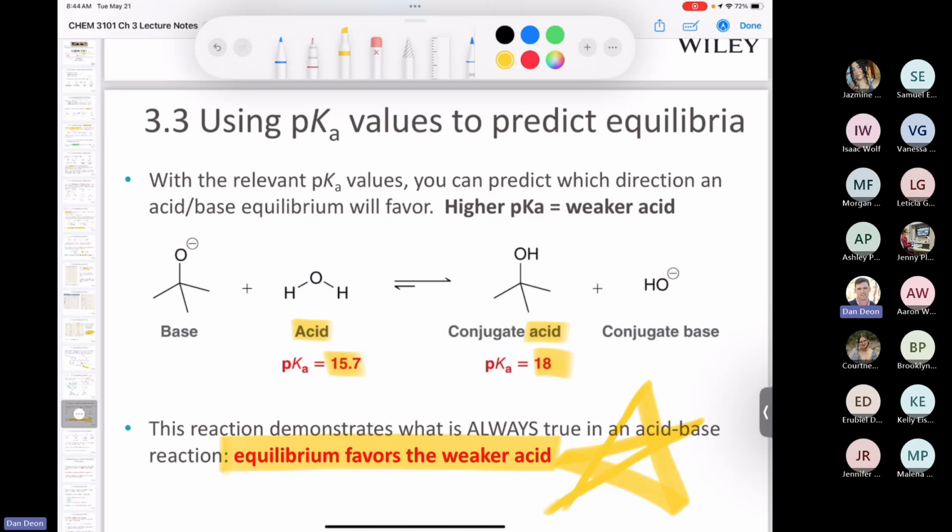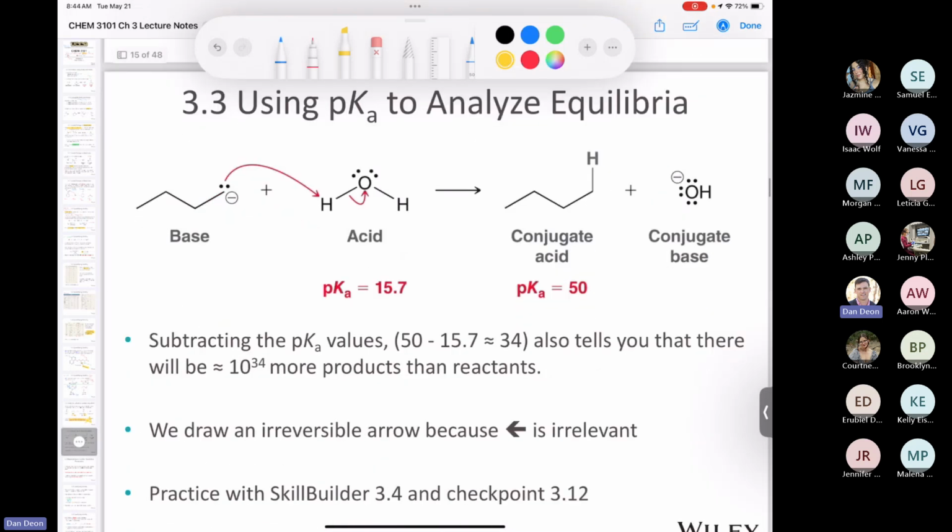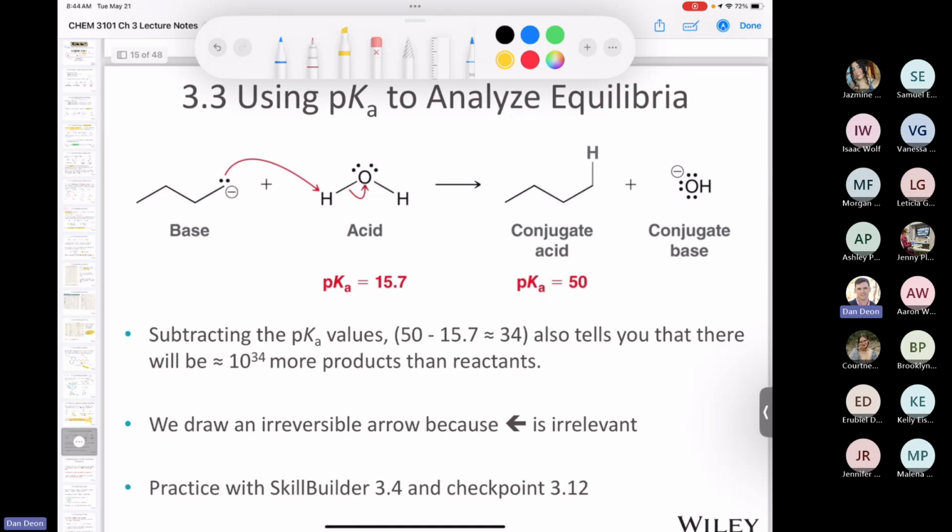Well, what if I get in a situation where I don't know a pKa? Okay, well, there are ways to do that, which we'll take a look at in a second. But if you look at an acid and a conjugate acid, and there's a huge difference in the pKa's, in that case, you don't even have to draw an equilibrium arrow. Okay, we see here the difference in pKa values is 34.